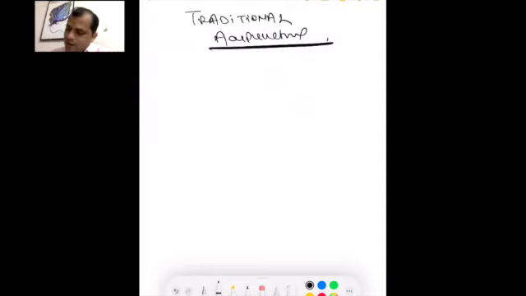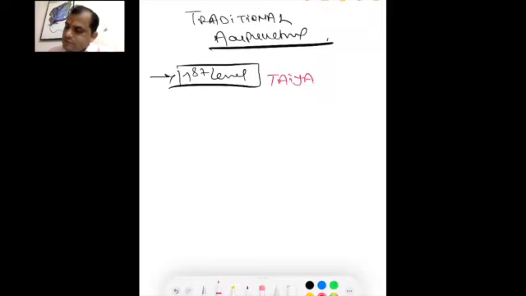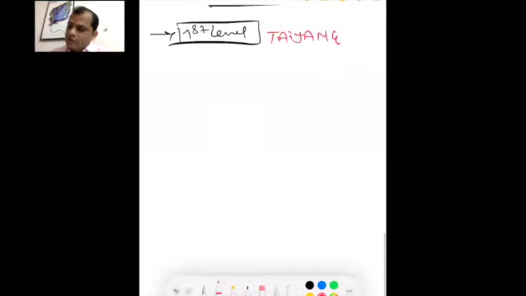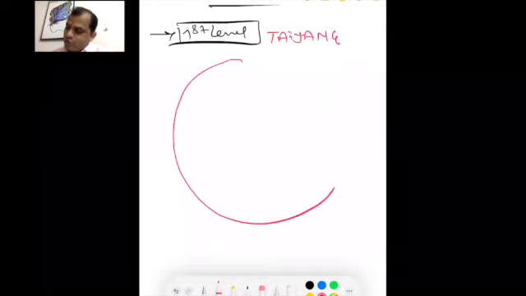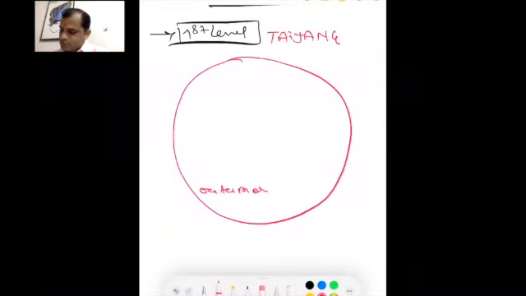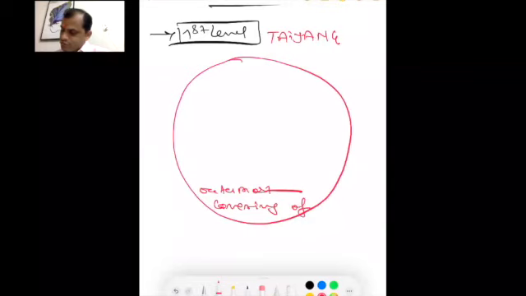It has been explained that whenever any pathogen attacks the first level, this is called Tai Yang. Tai Yang is the outermost covering of our defense system.